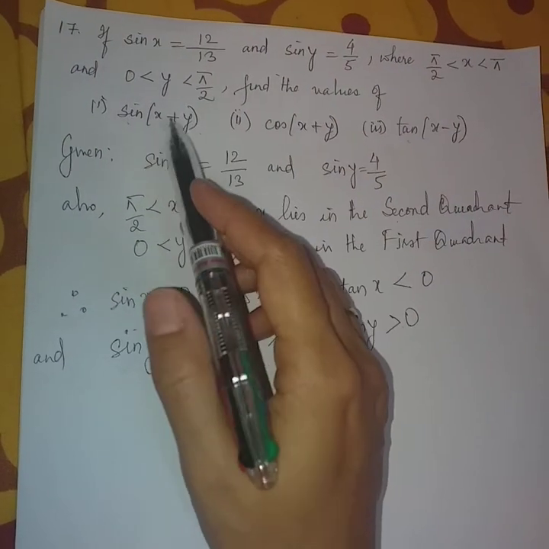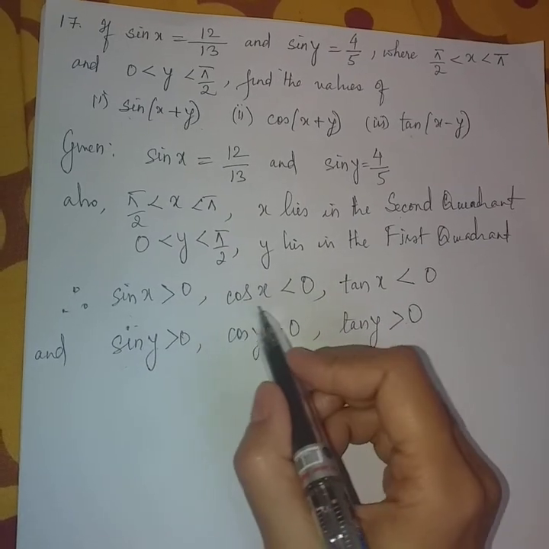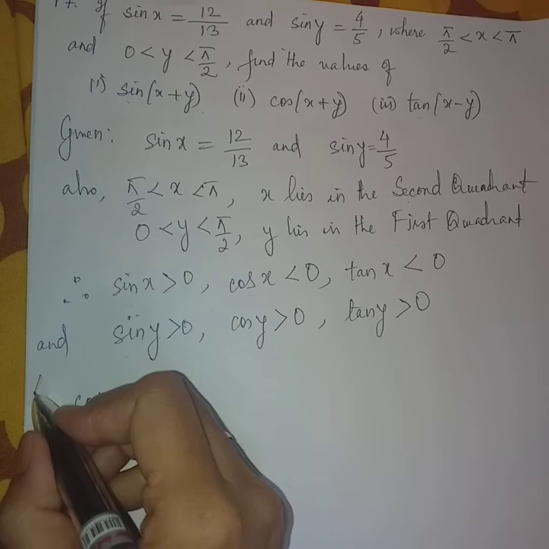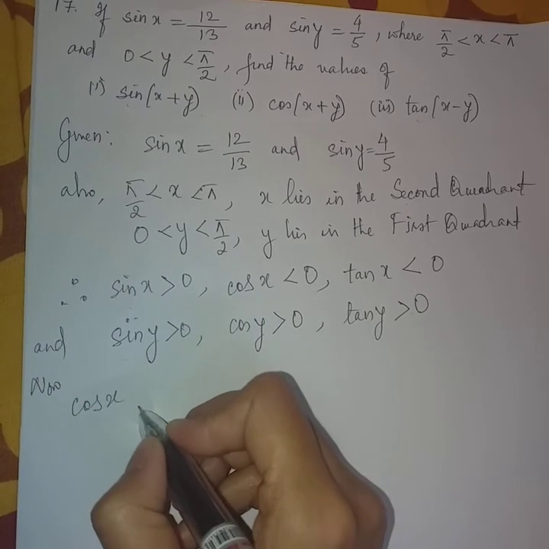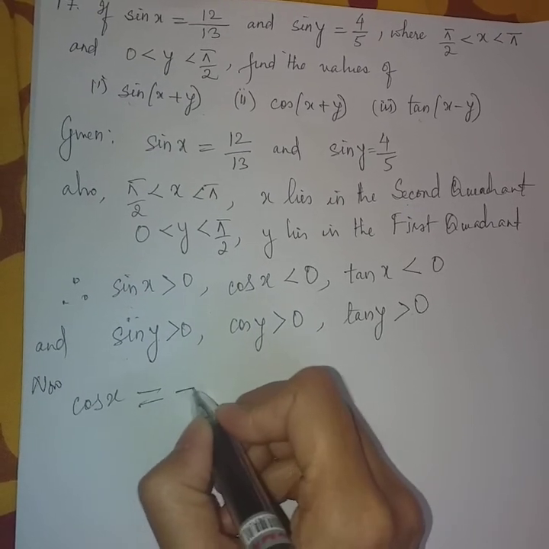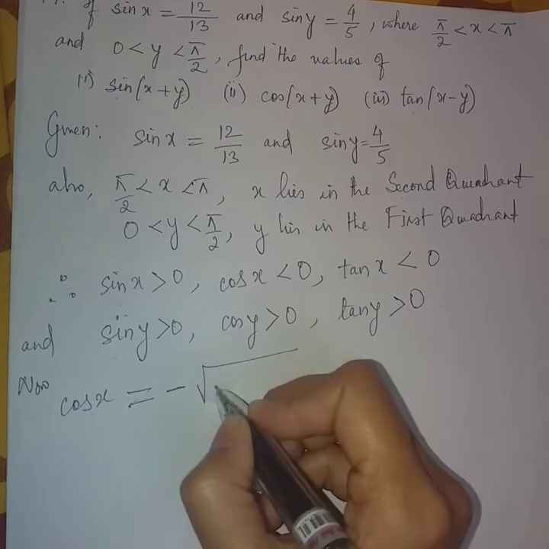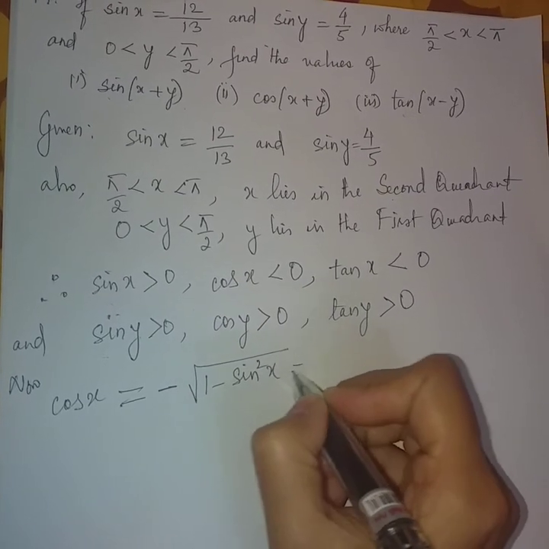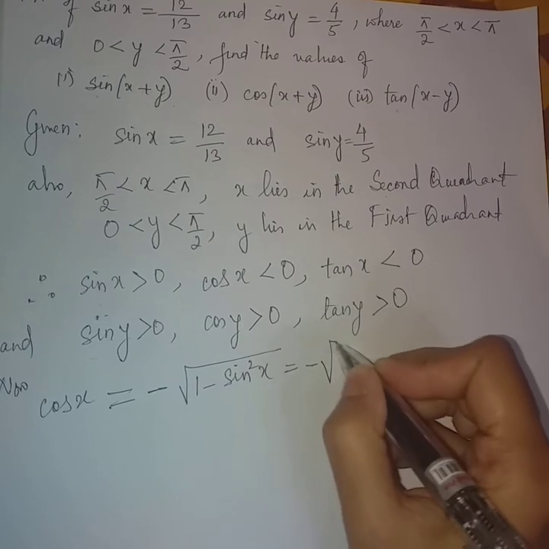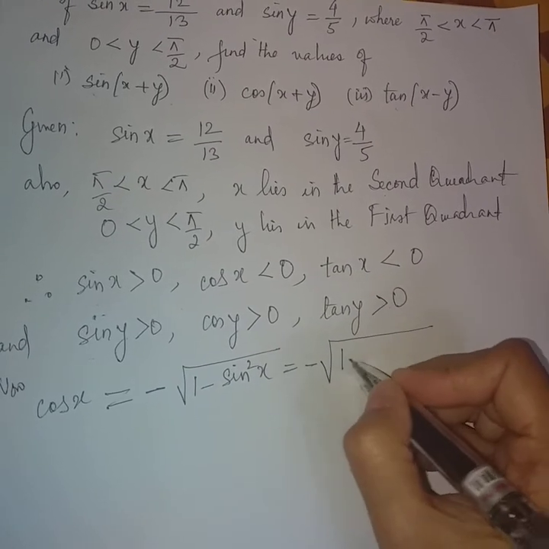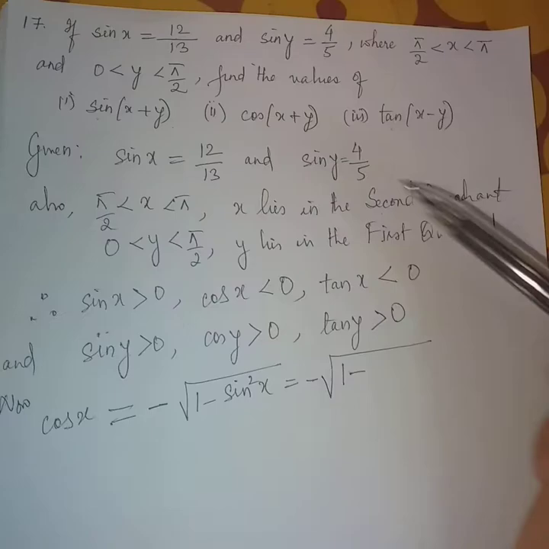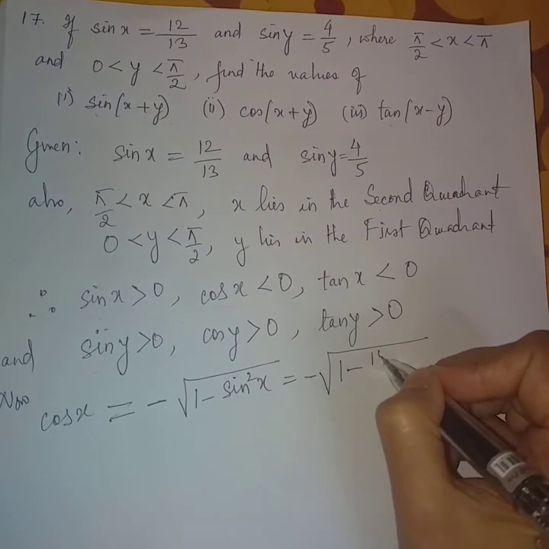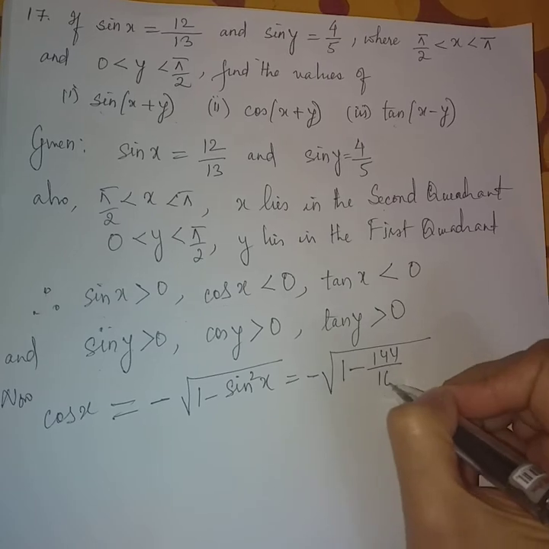So now we find cos of x. We have seen that it should be negative, so we put a negative sign. So this is equal to minus the square root of 1 minus sine square x, from the identity we have learned earlier. So this is 1 minus the square of 12 by 13. 12 square is 144 and 13 square is 169.